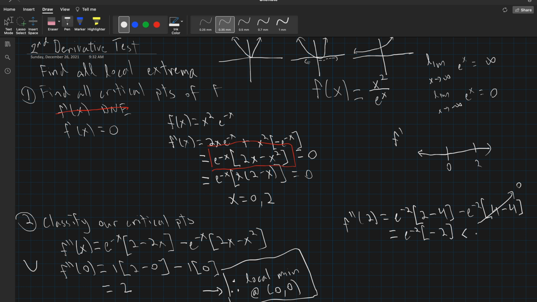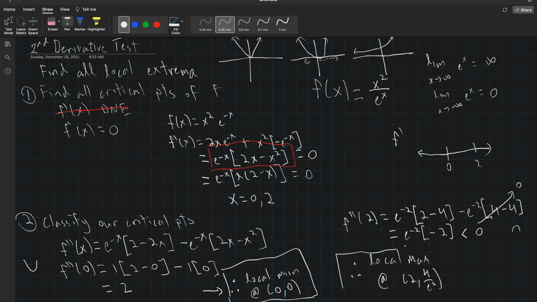And this is less than 0. Therefore, we're going to be concave down. And in our last step, we already know our slope is equal to 0. So this means we have a local max at 2, comma, f of 2, which is 2 squared, 4 over e squared.